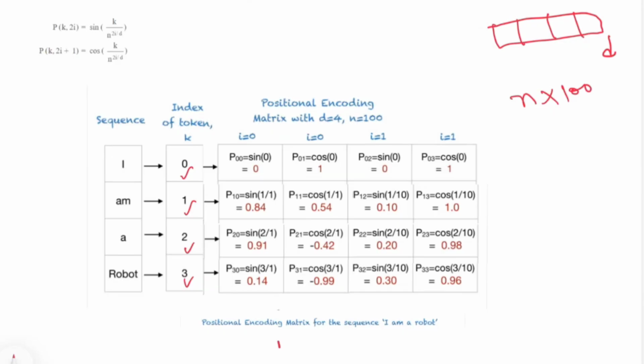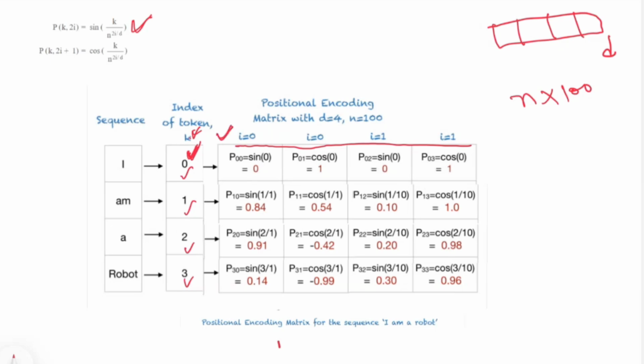Now I'm going to calculate this positional embedding. For k we have done; now I have to use this formula. I have to generate a 4-dimensional vector for every position. So suppose we generate for the 0th position. In this case, k equals 0, and I have to generate 4 values.